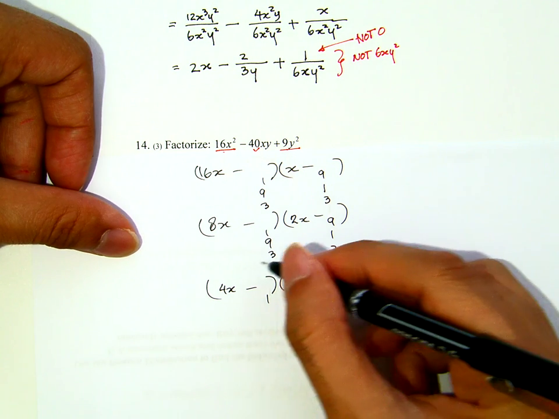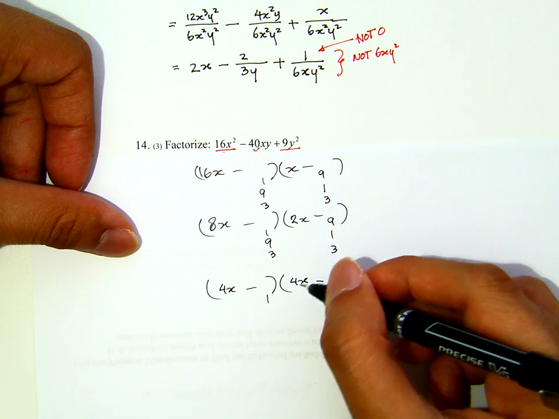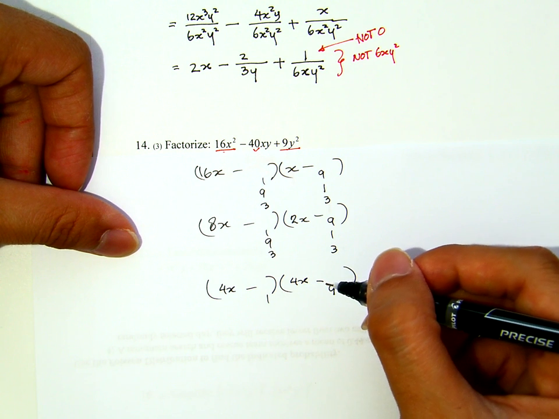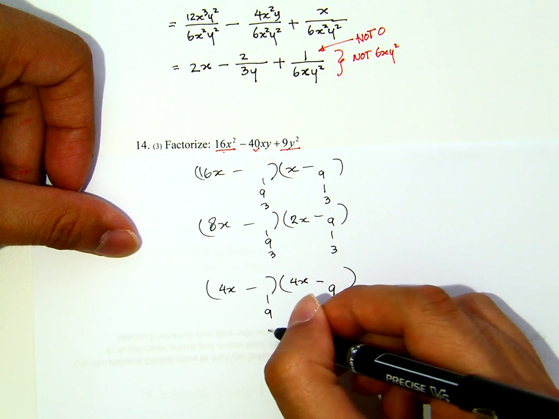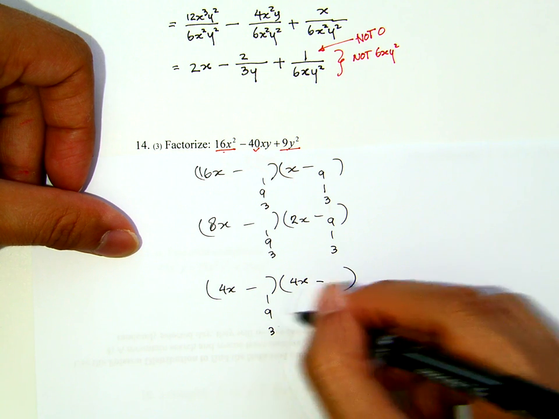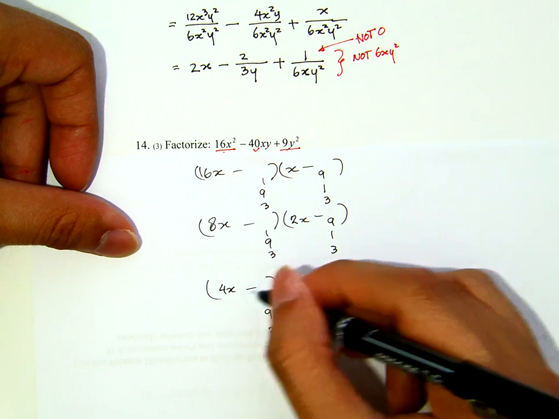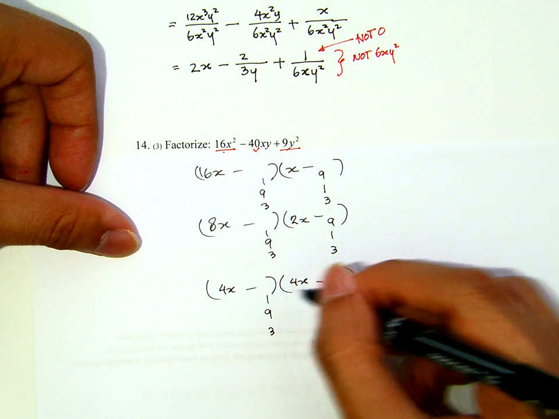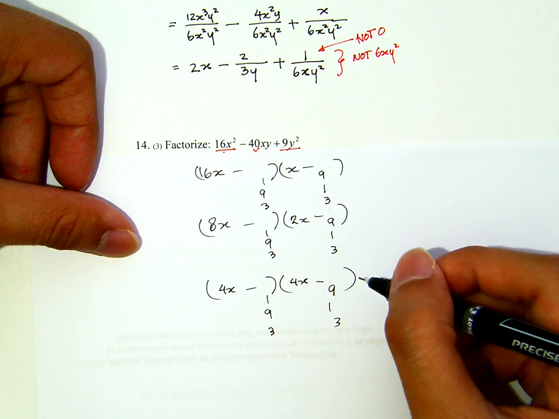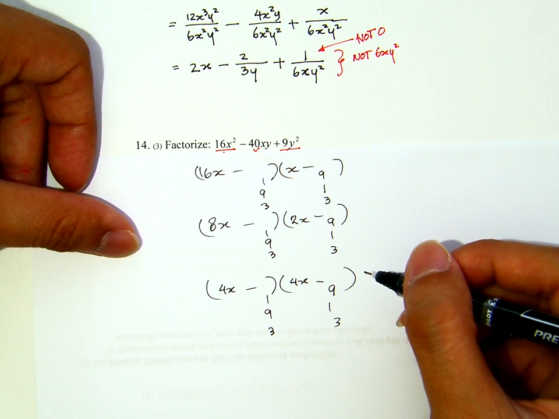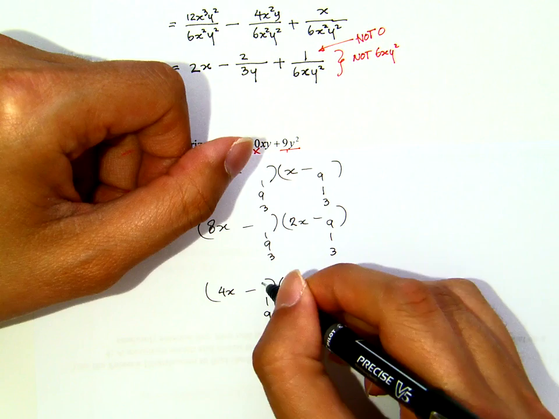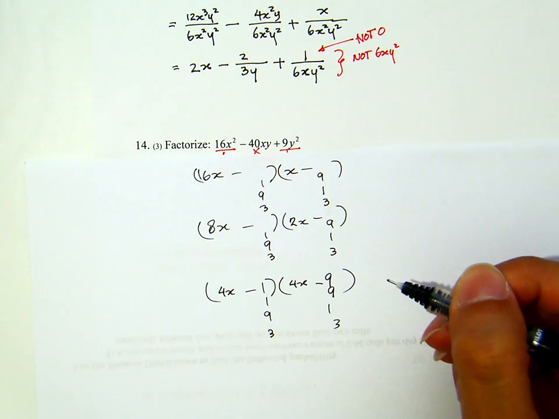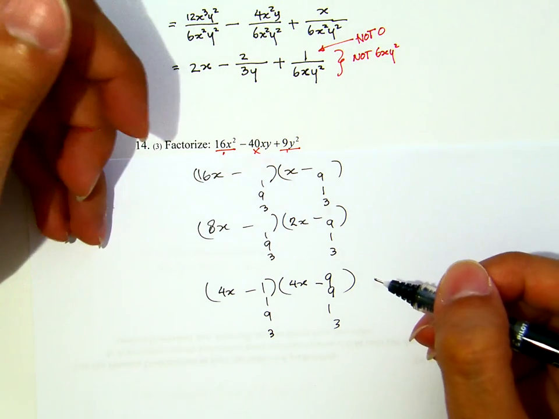Yeah, this will give me negative 36 minus 4, that's negative 40, right? Now, of course, you may say, Thomas, you see that 9, 1 also work? Well, that's because of the symmetry: 4x minus 1, 4x minus 9 is the same too if you write it the other way around. So seems like we already know the answer. This will be 1, 9 here, or if you want 9, 1 also okay.